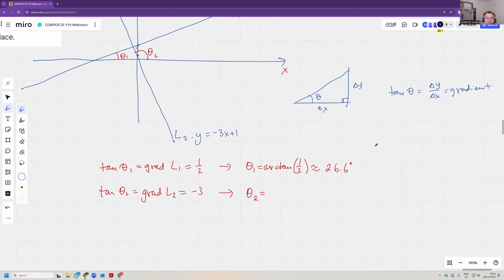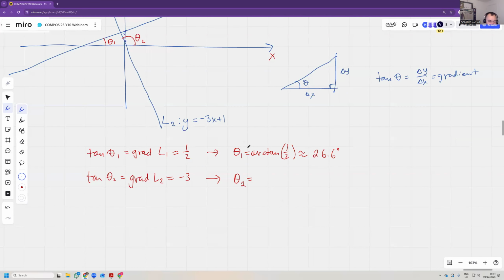Right, it's going to be 180 plus arctan -3. Well, look, arctan -3 is going to be a negative value, which doesn't make any sense on its own.